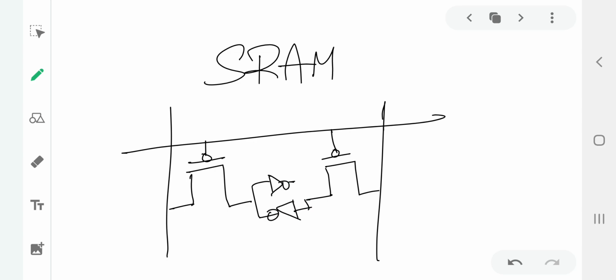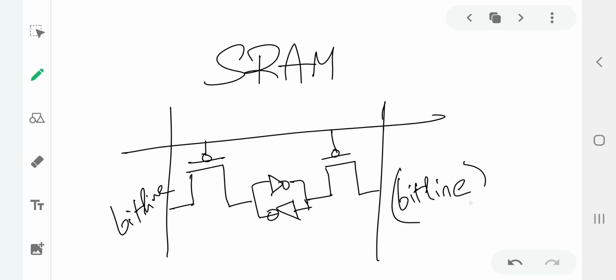You're going to have two cross coupled NOT gates. Okay. So this is called a bit line. This is a negation of the bit line. Okay. And this is going to be your row select, your row line.